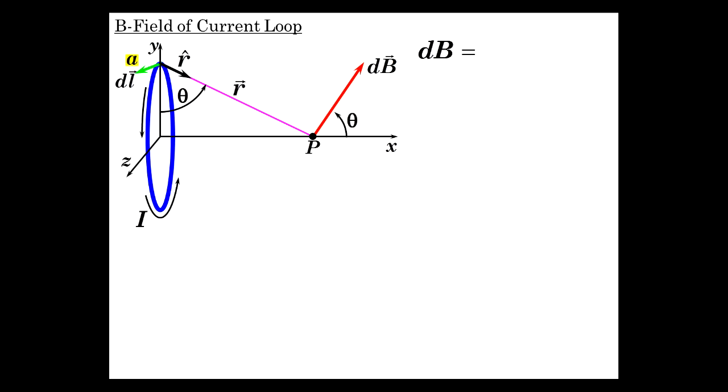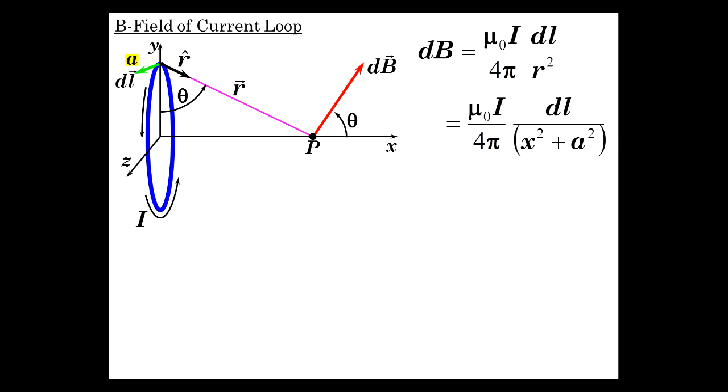All right. So dB in the Biot-Savart formulation is mu 0 I over 4 pi, dl over r squared. Now, it's mu 0 I over 4 pi, dl over x squared plus a squared. That's r squared. Now we have a dBx and we have dBy.